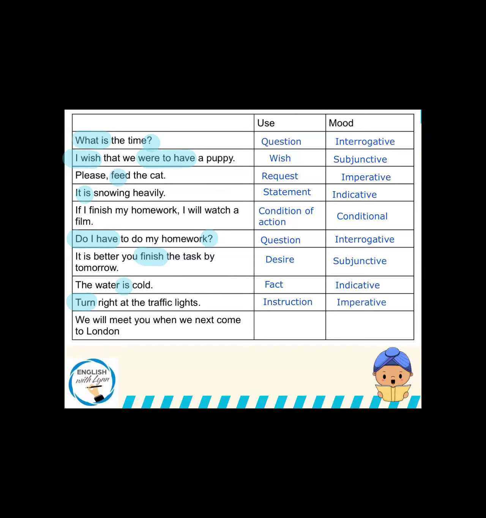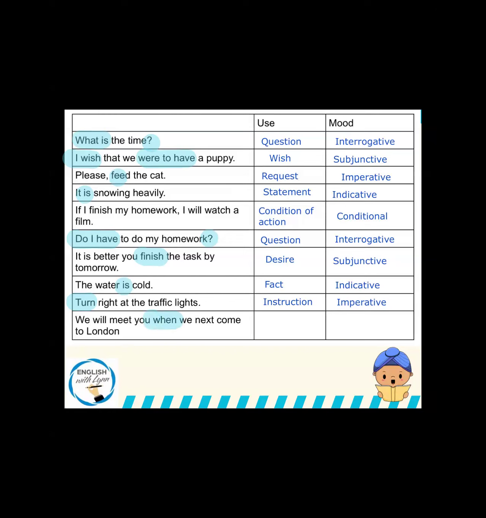And the final one here, we will meet you when we next come to London. So we will meet you, that is the statement. When we next come to London, that part there is the condition of their action, and the when is linking the meeting to the time that it's going to happen.